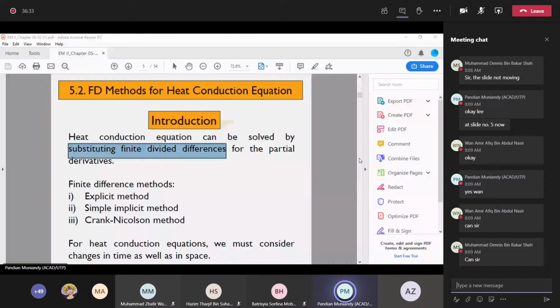For the heat conduction equation, we must consider change in time, that is small t, and then space, that is x.